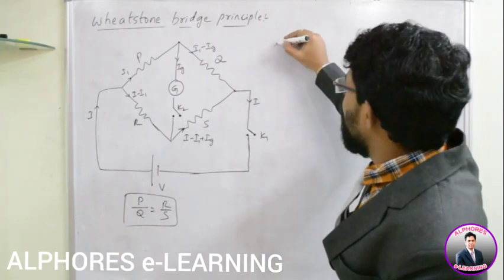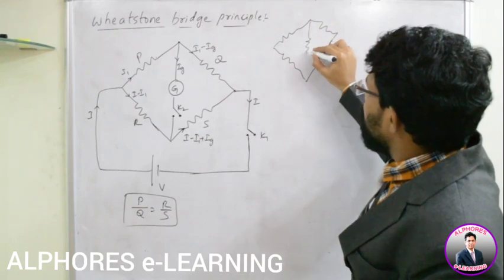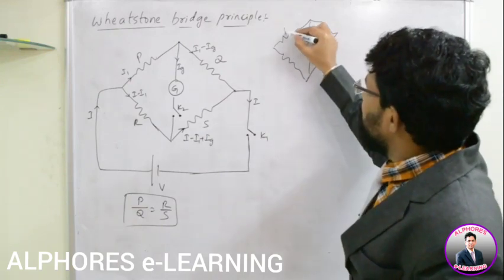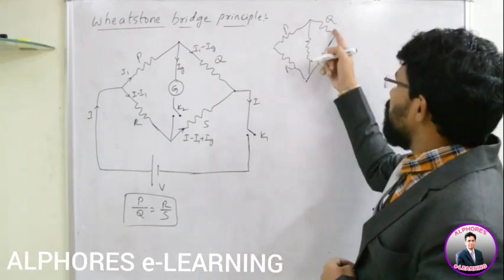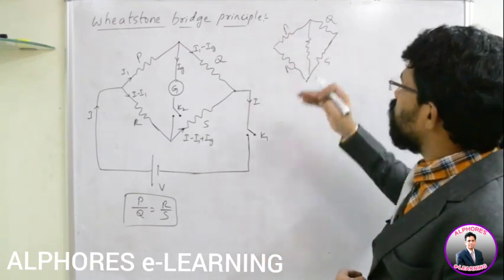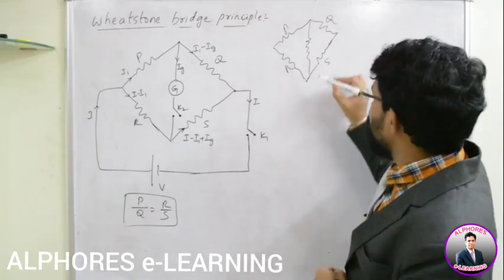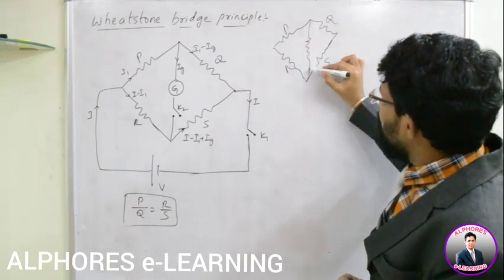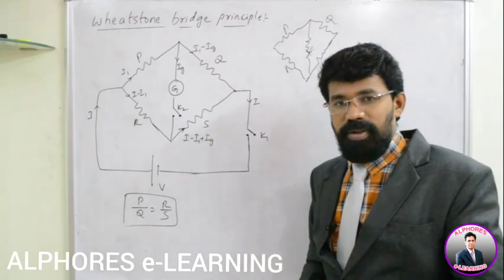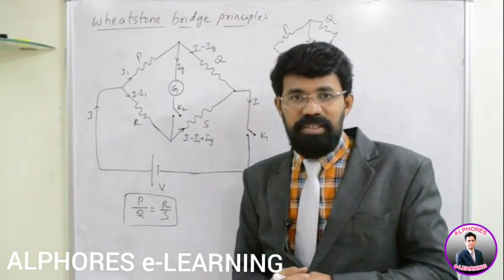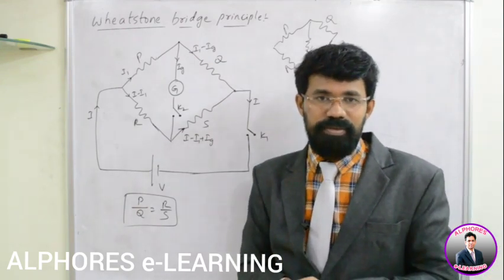For example, if you have a four-resistance arrangement like this, and here one more resistor, and let this be P, this Q, this R, this S. If you come to know that P by Q is equal to R by S, like this is 1 ohm, this is 2 ohm, this is also 1 ohm, this is also 2 ohm, so 1 by 2 is equal to 1 by 2. If that is the situation, there won't be any current through this branch. If there is no current through this branch, then you can remove this branch from the circuit. So the Wheatstone's bridge principle helps us to simplify circuit problems.